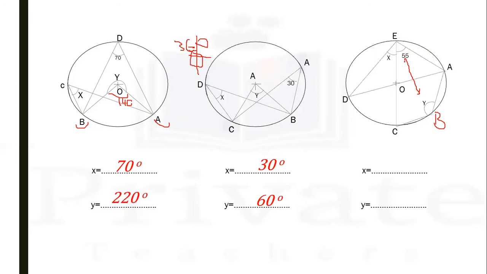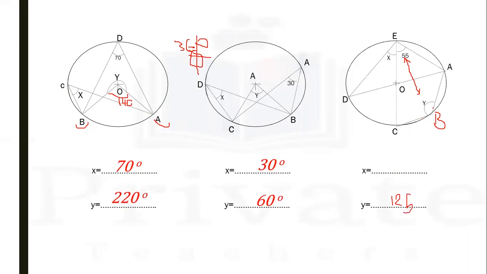The angle 55 and the angle Y are supplementary. That means the sum of them is 180. So Y is equal to 180 minus 55, which is 125.